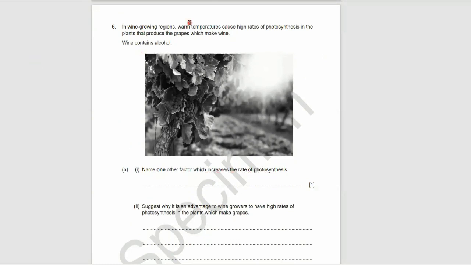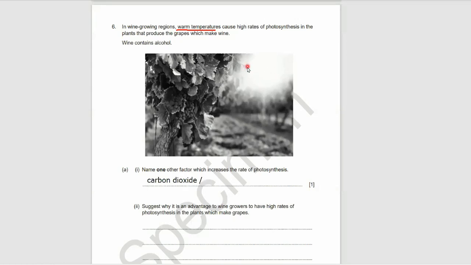Okay, name one other factor which increases the rate of photosynthesis. So what do they mean, other factor? They mean other than warm temperatures. So they've already identified that for us. What else could speed up the growth or the food production of plants? So we could increase carbon dioxide. And have a look in the picture. What's the most obvious thing? They're giving you a clue in the picture.